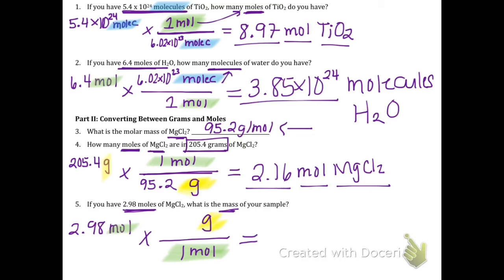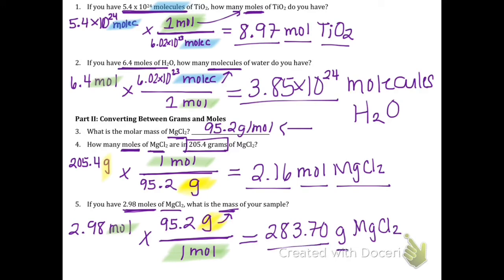Okay, we already have this mass because it's the same compound, which is 95.2. And we have reached our destination, so we are done. Top times top, divide by 1 because it's on the bottom here, and hopefully you get 283.70 grams of your compound magnesium chloride.